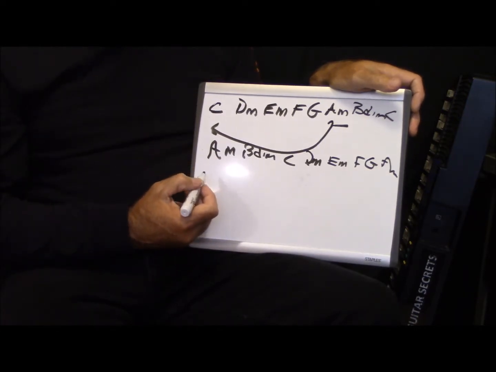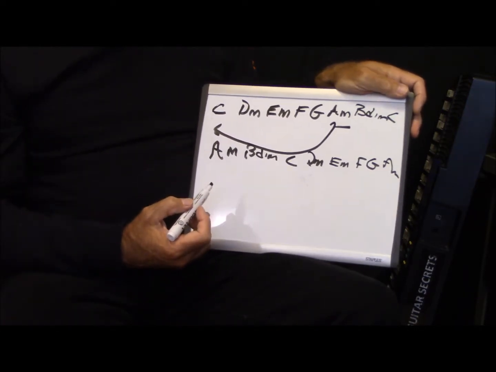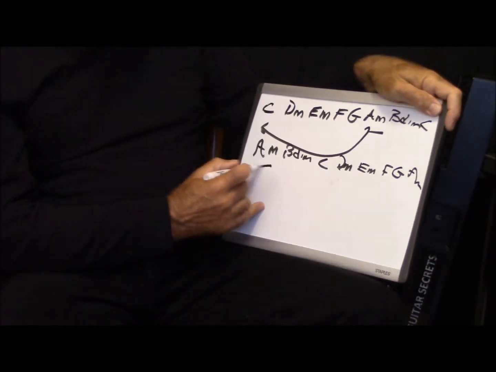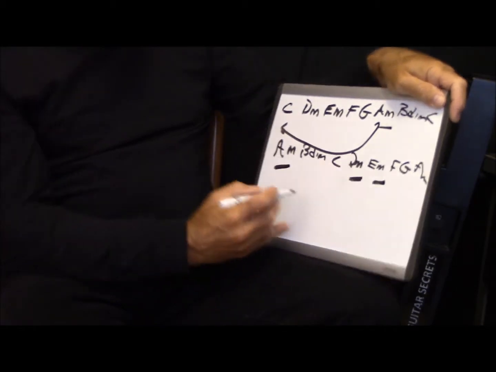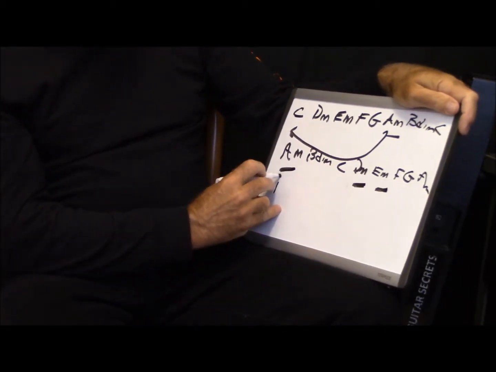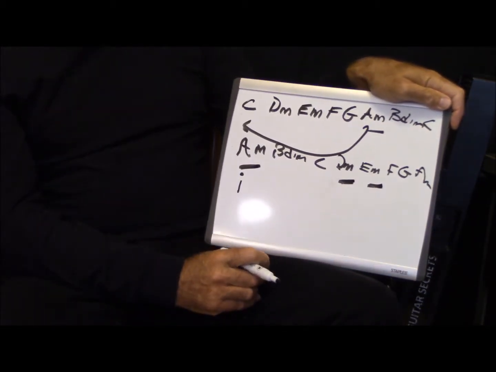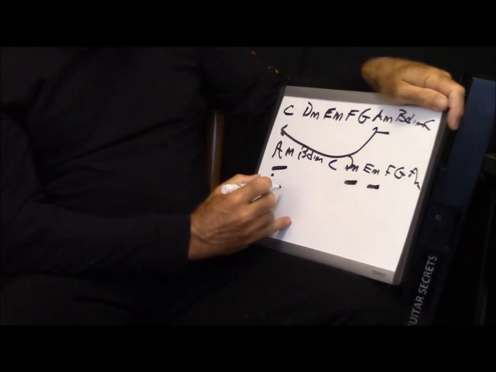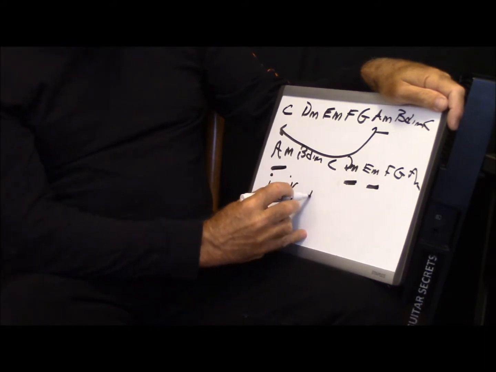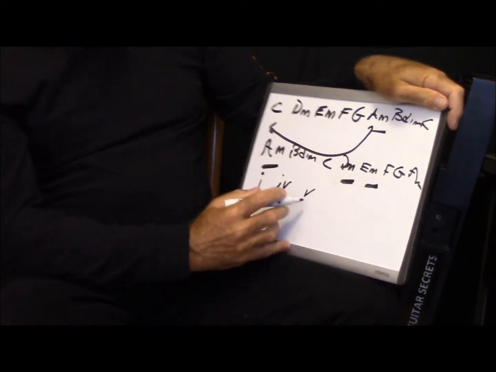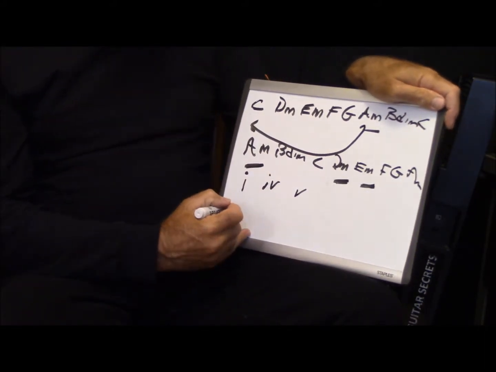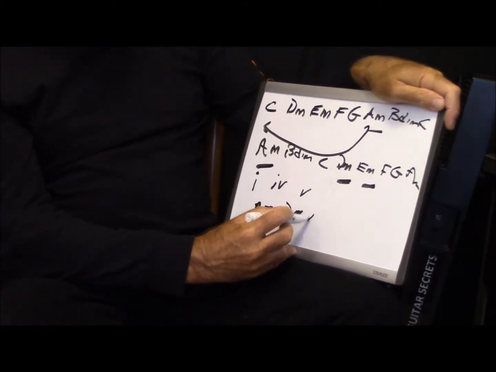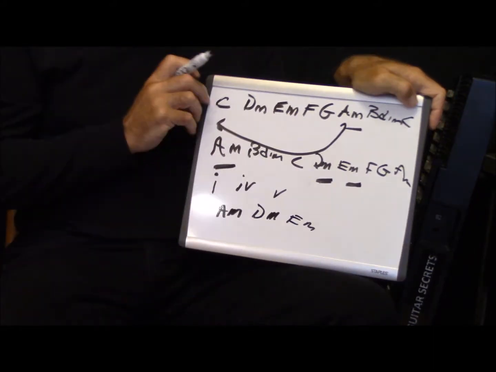So if you want to play a 1-4-5 progression in the key of A minor, it is going to be A minor, D minor, and E minor. So it's going to be a 1, which is a little 1, a lowercase Roman numeral 1, and then it would be a 4 and a 5, a small v for a minor: A minor, D minor, and an E minor progression in the key of A minor.